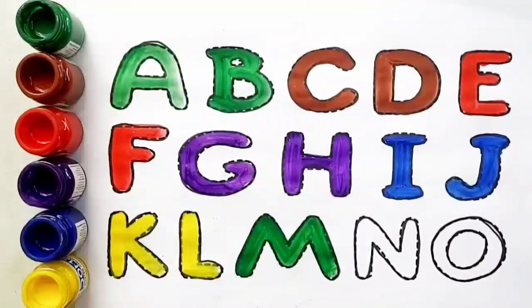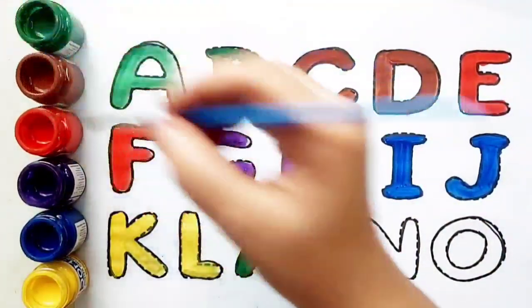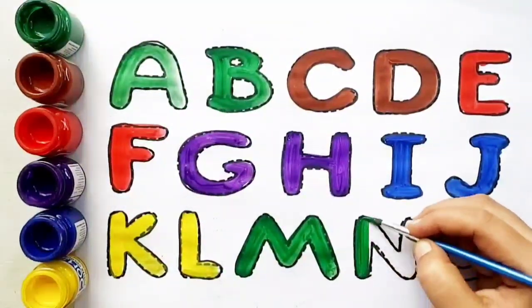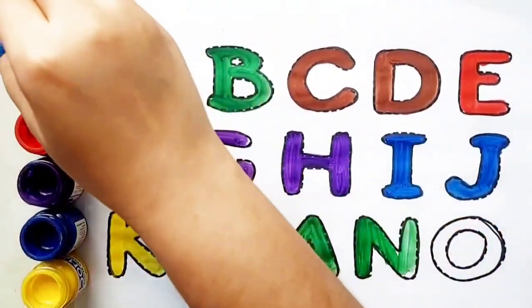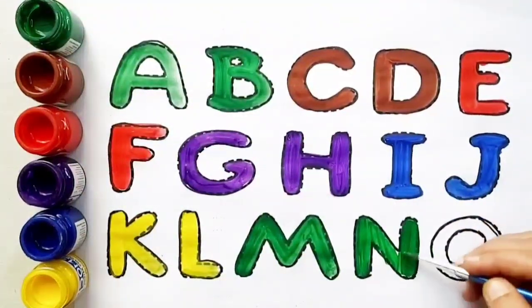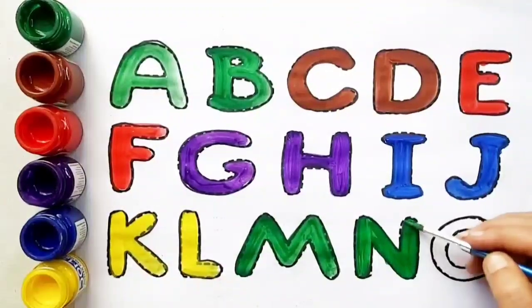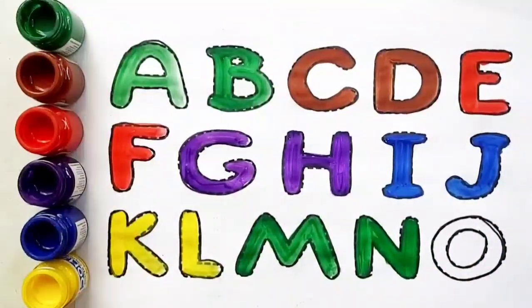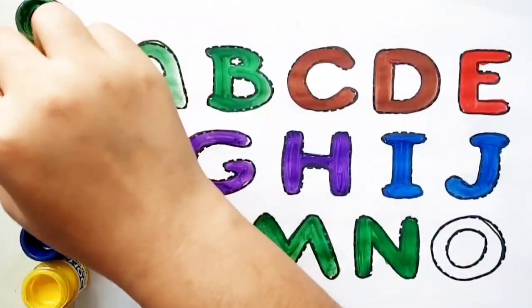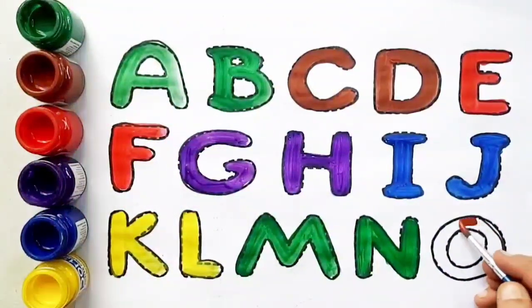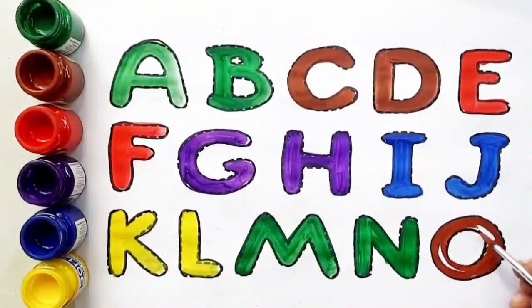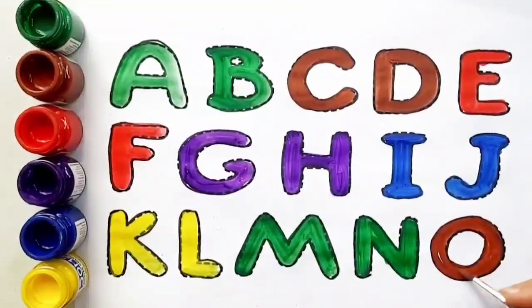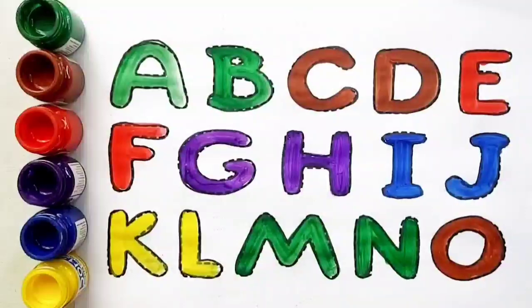M for monkey. N for nest. Brown color. O for octopus.